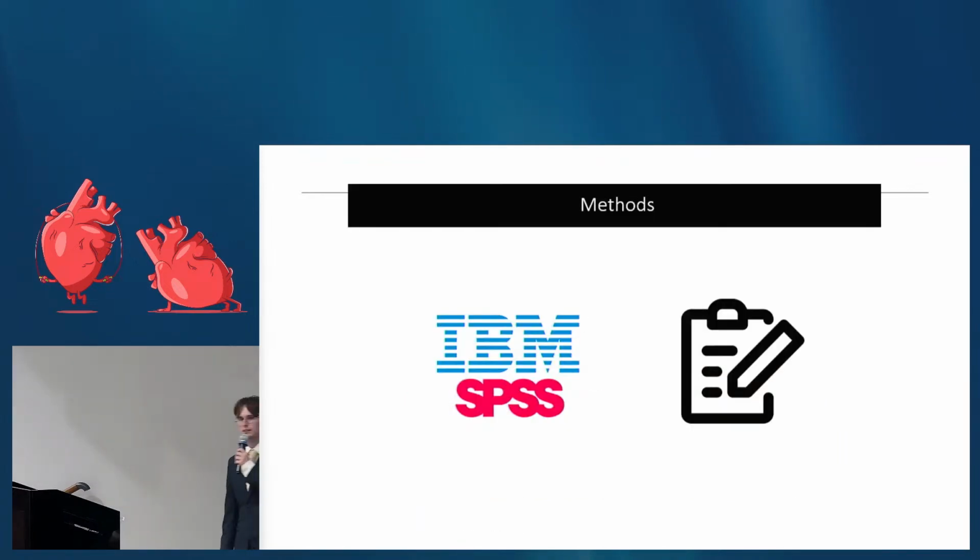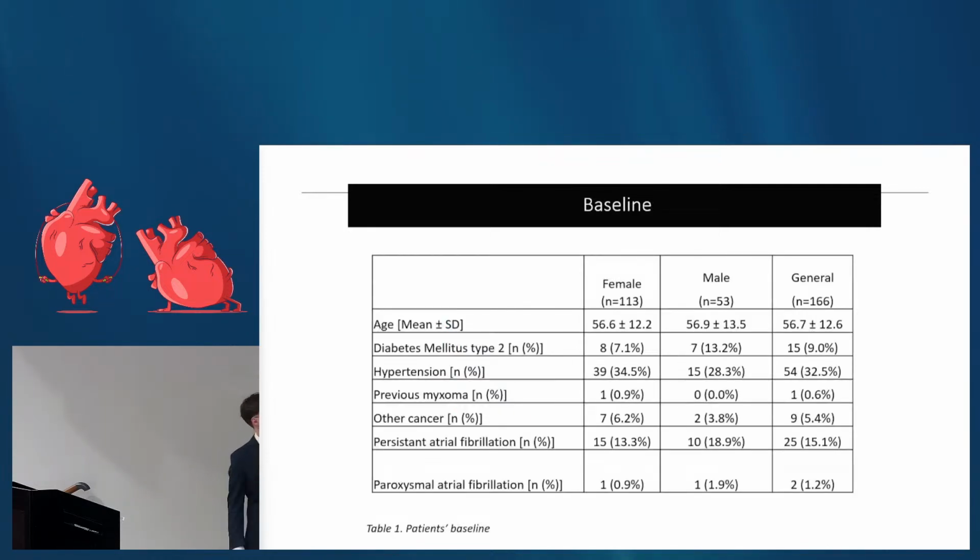We conducted, as I said before, a retrospective analysis of the paper and electronic registers from 35 years from a single center, and then we conducted statistical analysis in the IBM SPSS software to find the possible factors that impact the complication profile after the surgery.